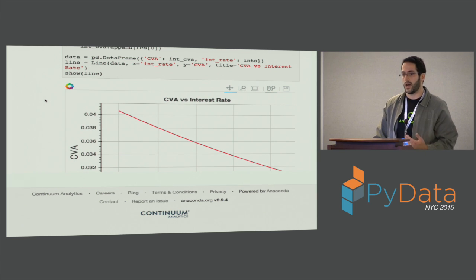I want to see how my number will change under different scenarios. And this took me a day to write in Python using NumPy, Numba, Bokeh. Didn't have to write any JavaScript, no HTML, no C, nothing. And in one day you have a tool that people can use. That's it.